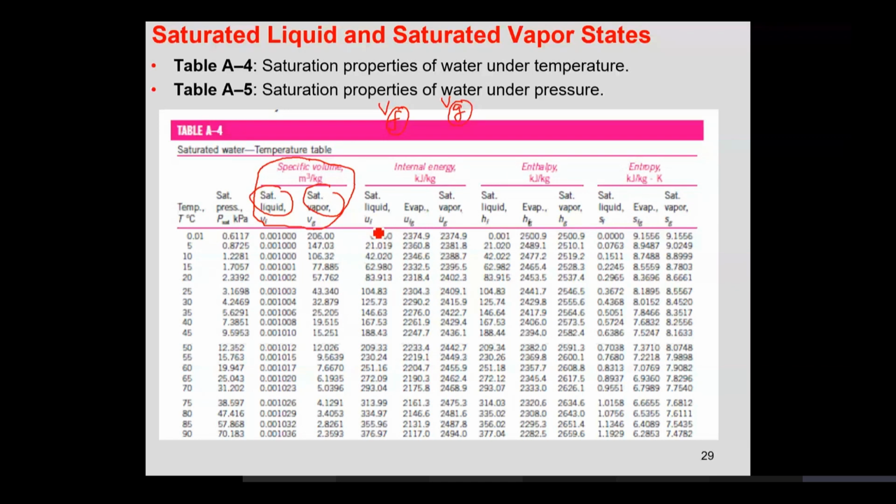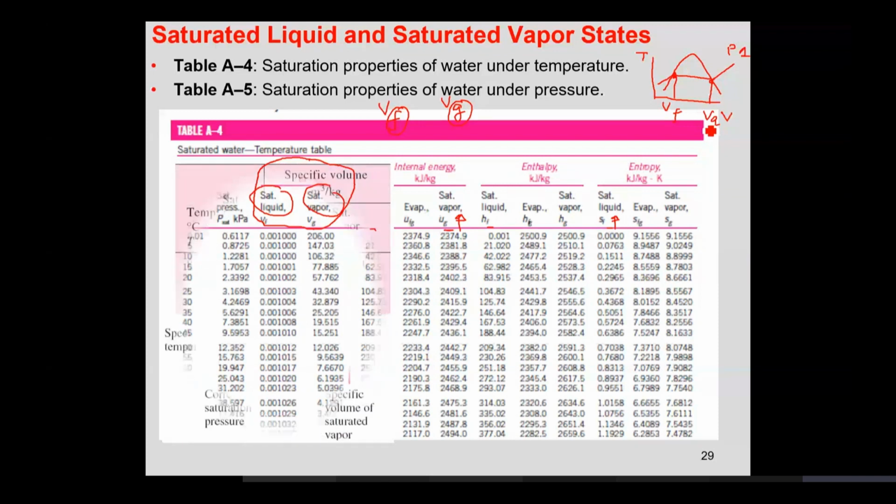So anywhere you see the subscript f, you are referring to saturated liquid, and anywhere you see the subscript g, you are referring to saturated vapor. If you remember the Tv diagram, let's say we have this temperature volume diagram, this is the dome, and you have some constant pressure that you are referring to, let's say P1. This point refers to saturated liquid, which is defined by vf, and this point refers to saturated vapor, referred to by point vg. I hope this is clear.